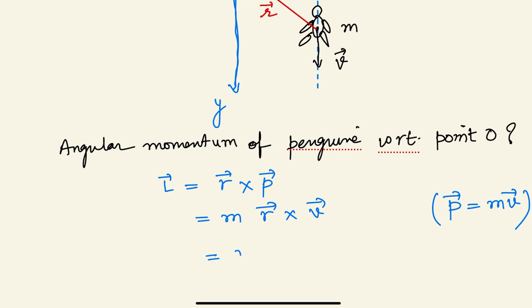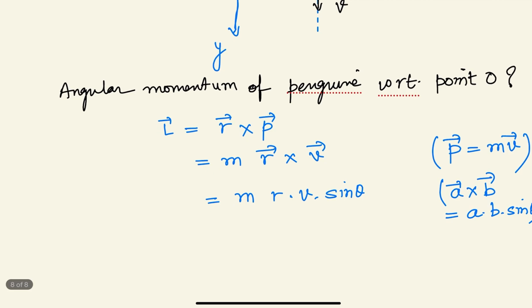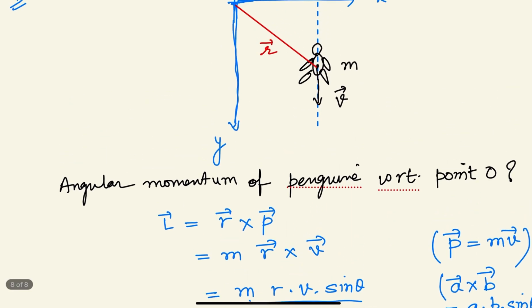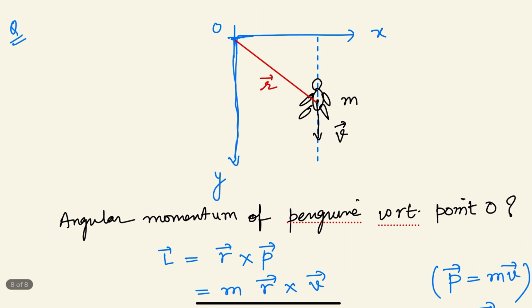This can also be written as m r v sine of theta, because a vector cross b vector is defined as ab sine of theta. We can rearrange this as m v into r sine theta, where theta is the angle between the radius vector and the velocity vector.